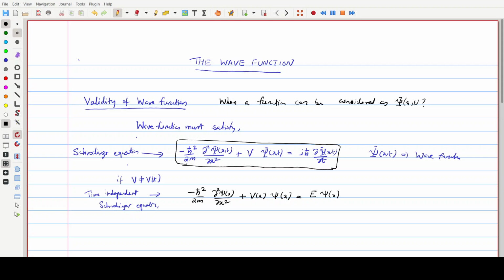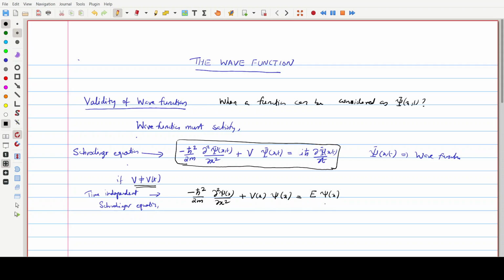Before going to the time-dependent Schrödinger equation, we can first discuss the time-independent Schrödinger equation. If the potential is independent of time, then this equation reduces to a simpler equation. It is a second order derivative in space, and there is no time derivative because it is independent of time.